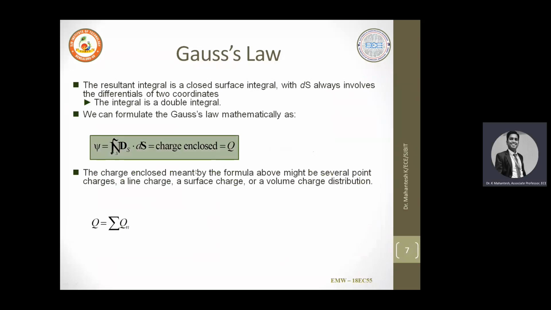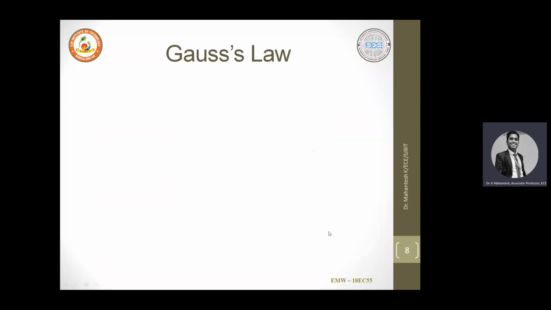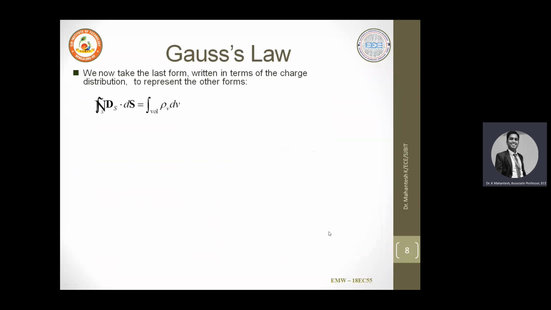The charge enclosed may be point charges, which is the summation of all the point charges, or a line charge, Q equals integral of rho L dl, or a surface charge, Q equals integral of rho S dS, or a volume charge, which is the volume integral of rho V dV. So the general form of Gauss law in terms of the volume charge distribution is the closed surface integral of D dot dS equal to the volume integral of rho V dV.